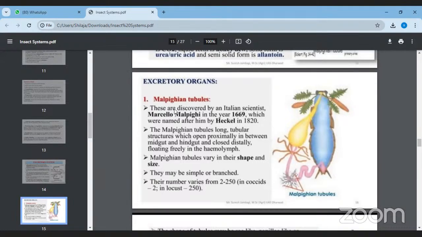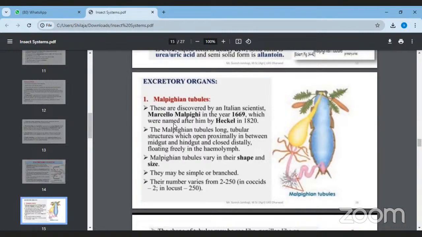These were discovered by the Italian scientist Marcello Malpighi in 1669, and we named them Malpighian tubules after him; Haeckel again named them in 1820. They are long tubular structures which open proximally in between the midgut and hindgut and are closed distally, floating freely in the hemolymph like transparent tubules.